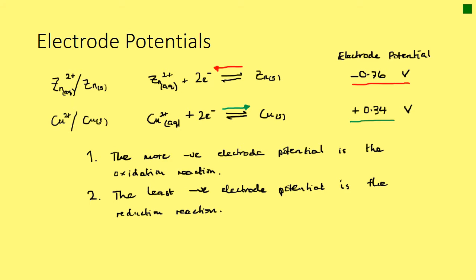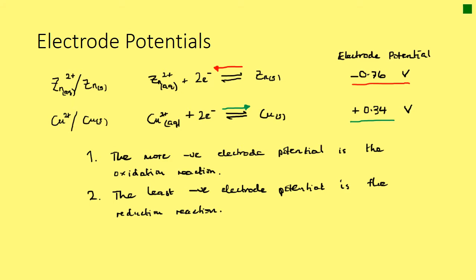So let's go back to our zinc-copper pair of half cells, and we're going to write a little table out. So we're going to have zinc 2+ ions in solution, and you've got zinc solid as the electrode, and we've also got copper 2+ ions, and we write the reactions in the reduction direction usually.